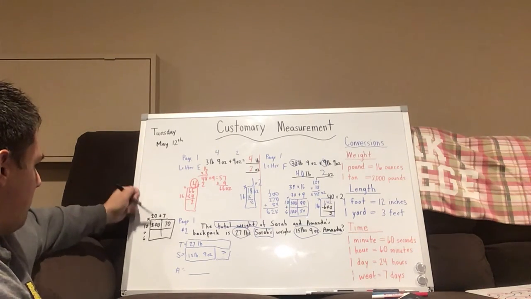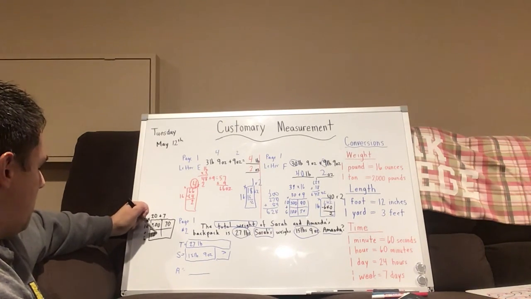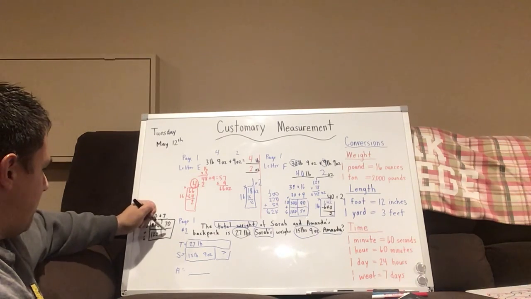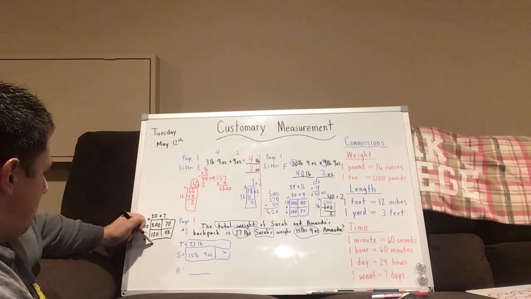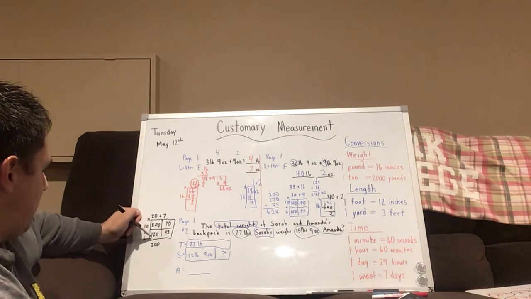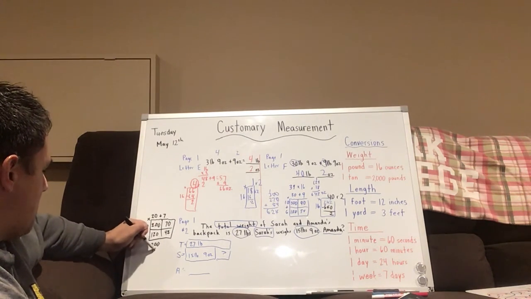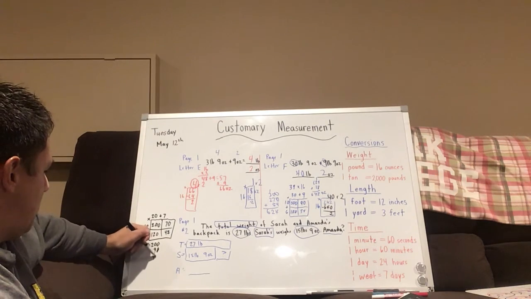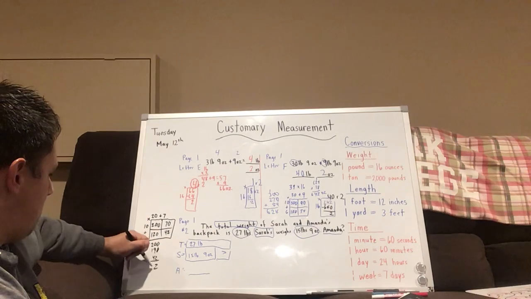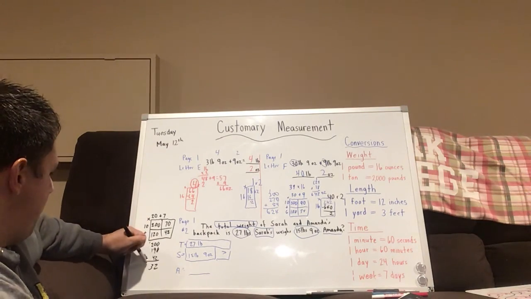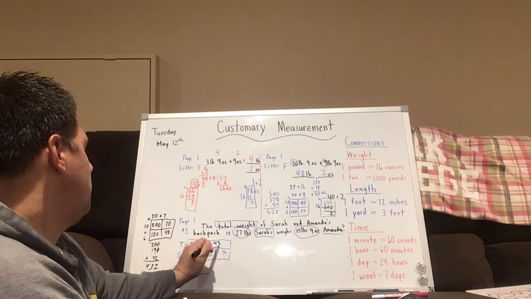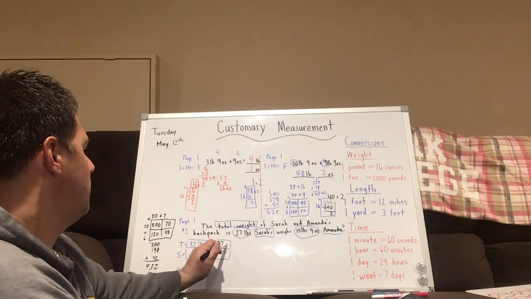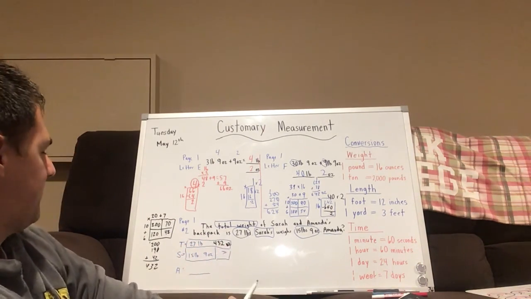Now 6 times 20 is 12, and add a 0, 120. And 6 times 7 is 42. So I can add all of those up: 200, 120 plus 70 is 190, and 42. I'm going to get a grand total of 432. So 27 pounds is equivalent to 432 ounces.